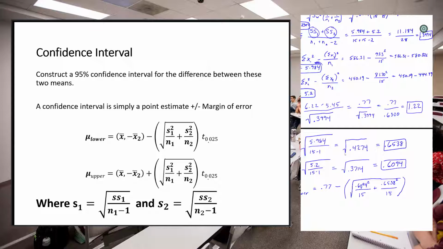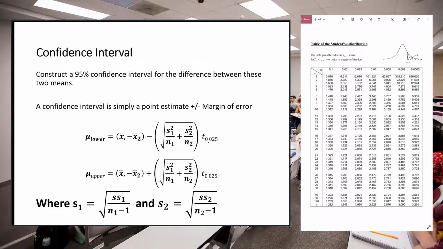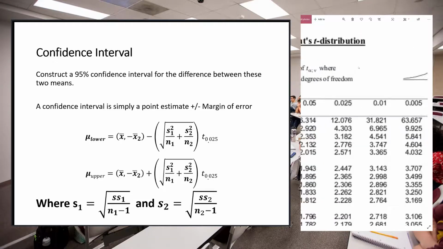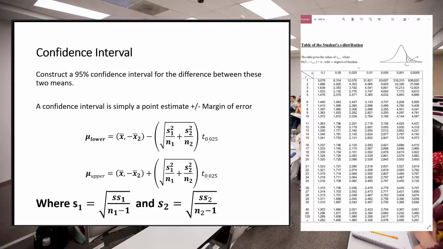There's 15 bonobos in each group. Minus 1 is 14. So we need to look at our t-table. And again, we want to cut off 0.025 from each tail. And we're looking at a degrees of freedom of 14. So we can see that the cutoff is 2.145.